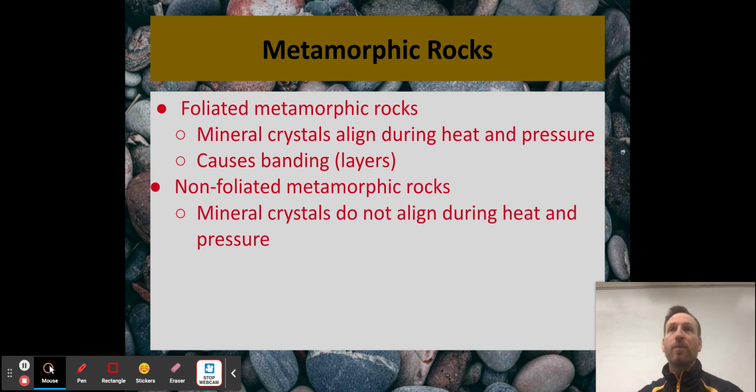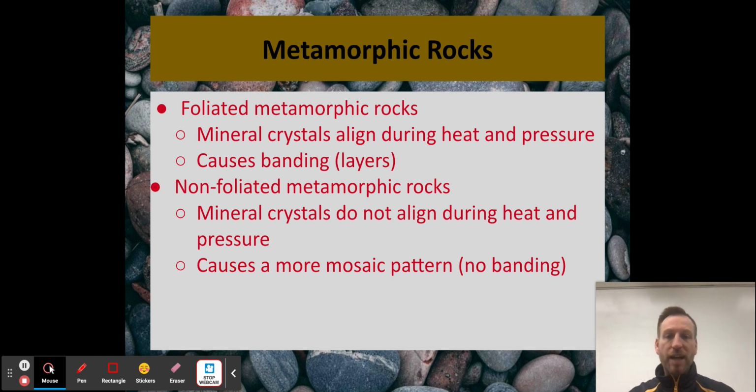Well, it depends mostly on some of the minerals that made up the pre-existing rock. And we'll talk a little bit more about that when we get to our examples, because I think it makes more sense when I show you the examples and I talk about how we can actually have clues of what the pre-existing rock was before it turned into that metamorphic rock.